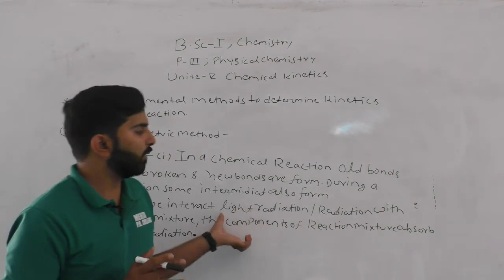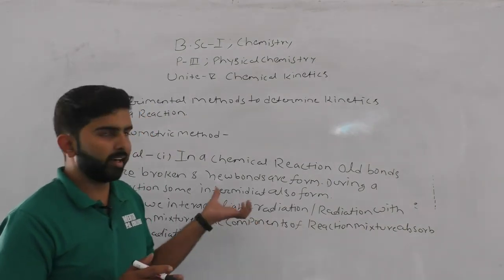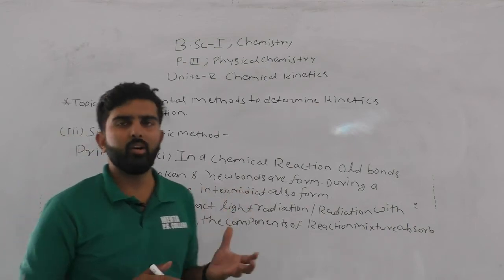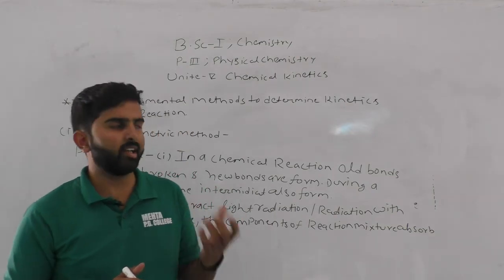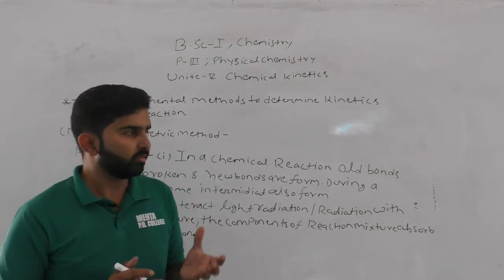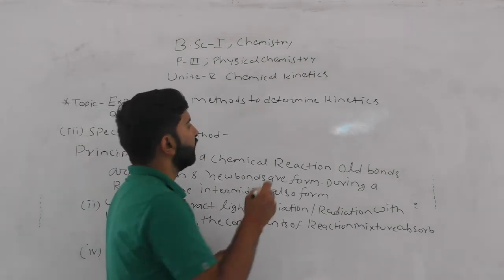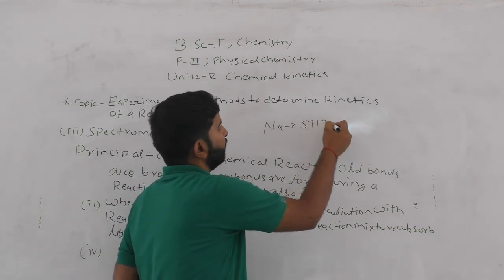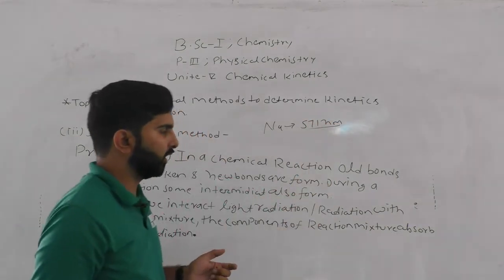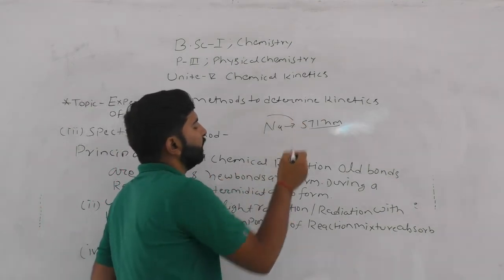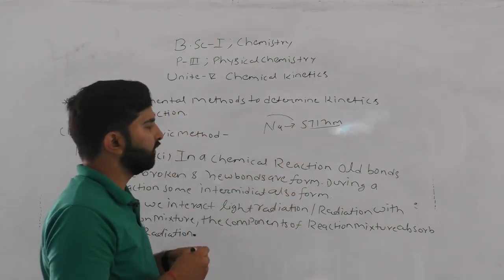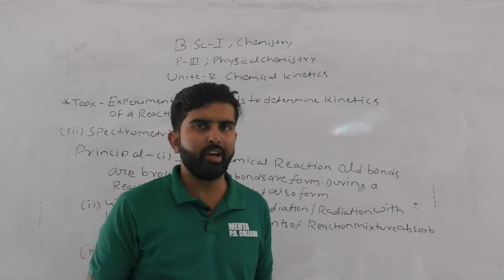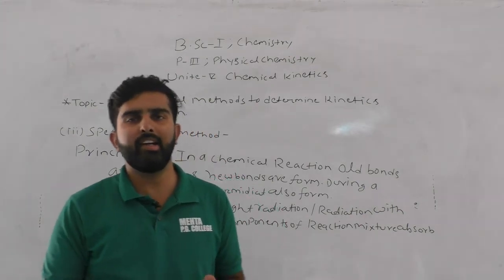Like this, the absorption of radiation by components is also a characteristic quantity, means a component or a group or atom can absorb light at a distinguishable wavelength. For example, sodium absorbs light of 571 nanometer radiations. So it is the characteristic value of radiation for the sodium metal. Like this, every species or component in a reaction mixture absorbs light radiations at different wavelengths.